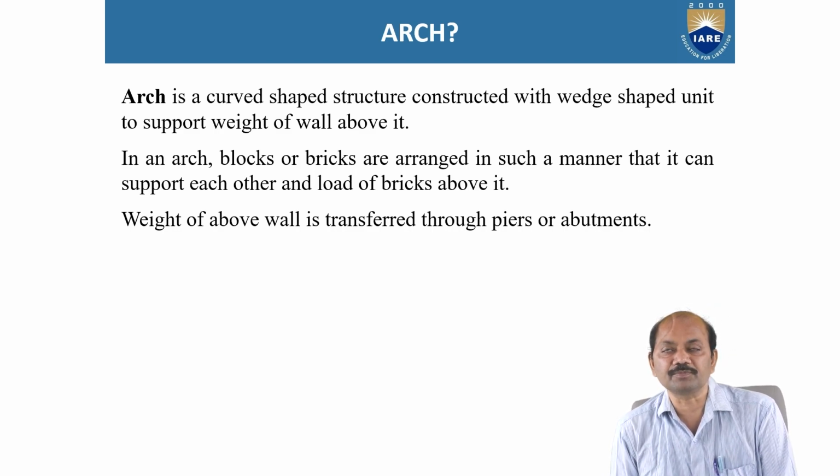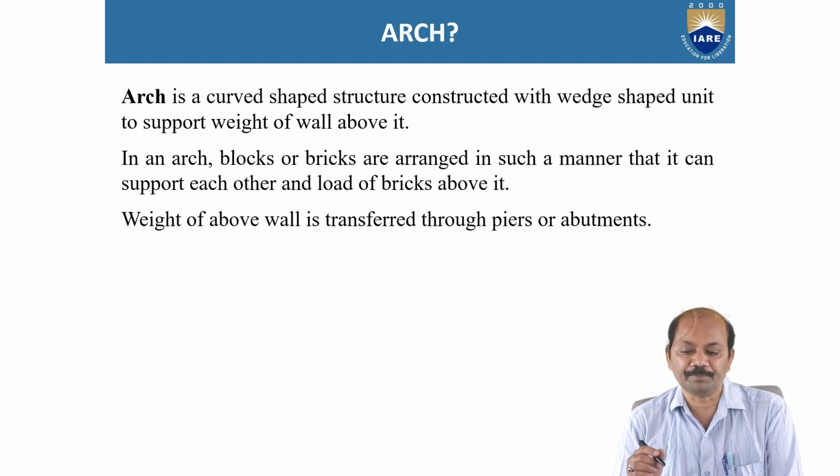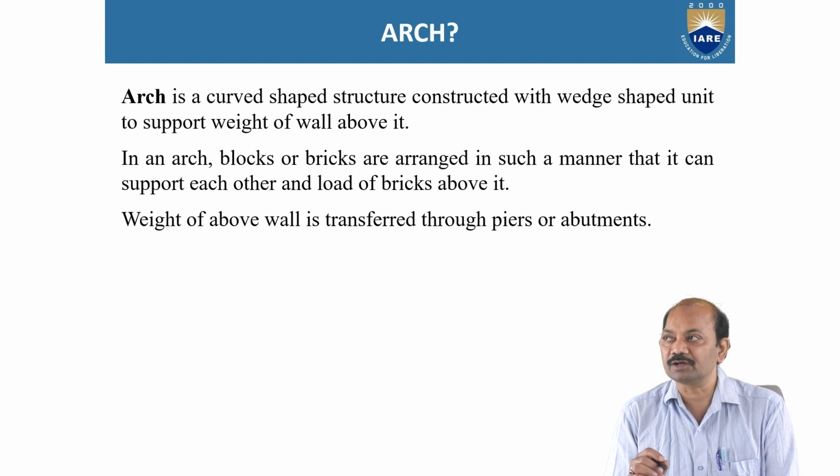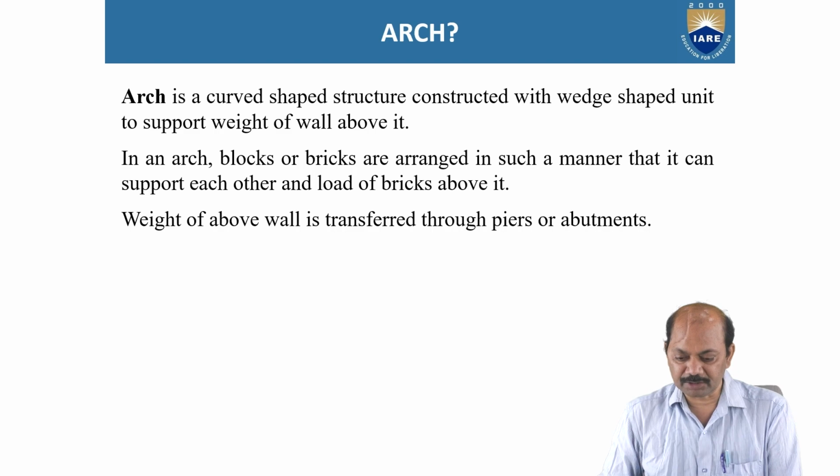In an arch, blocks or bricks are arranged in such a manner that they can support each other and the load of bricks above the arch. Weight of the above wall is transferred through piers and or abutments. Abutments are at the bottom of the piers, right?